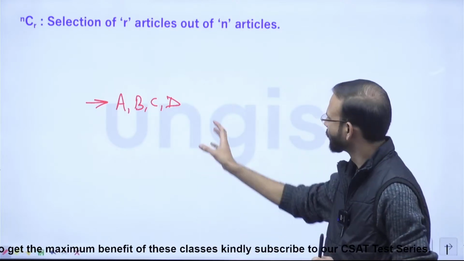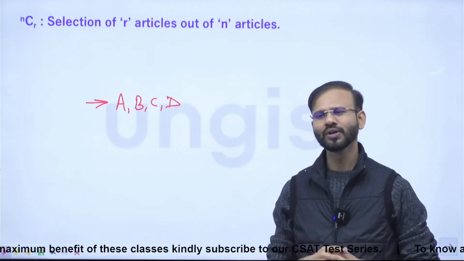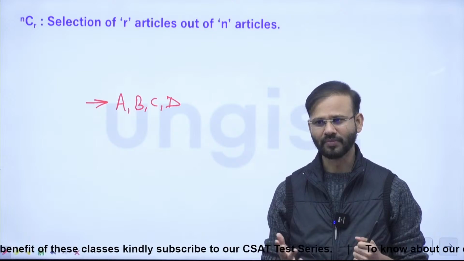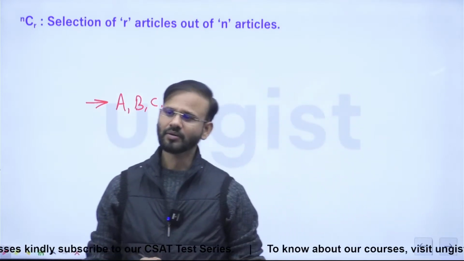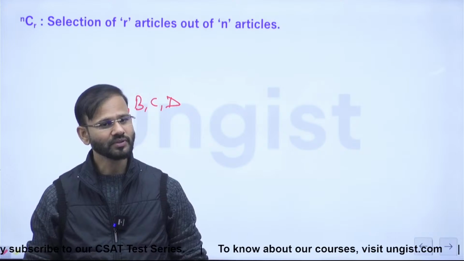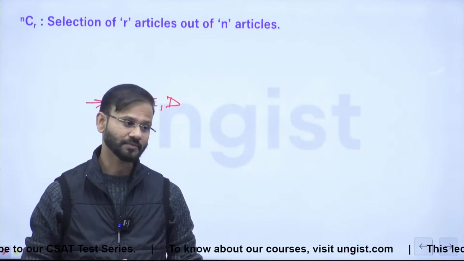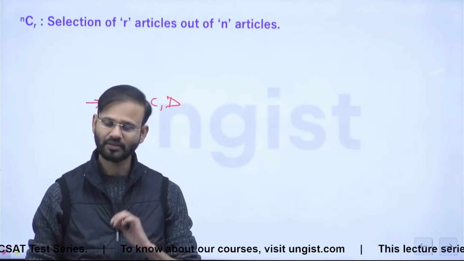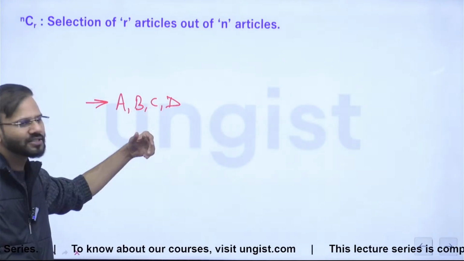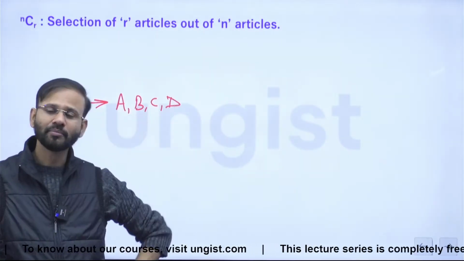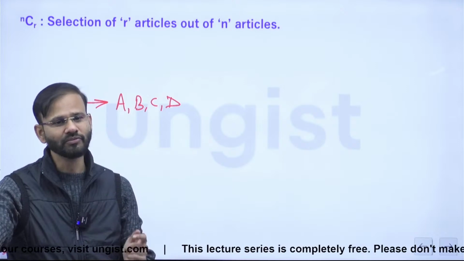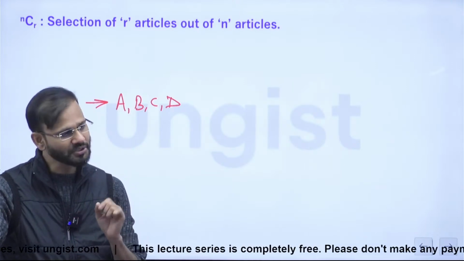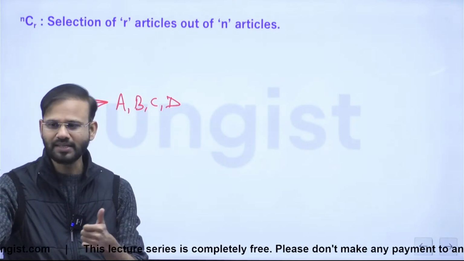You will hand over all the 4 alphabets to me, right? You won't have any other choice. Fine. So there is no confusion. But if I ask you, give me 2 alphabets. I repeat, when I ask you give me 4 alphabets, then ठीक है, आप दे देंगे सारे के सारे. But if I ask you give me 2 alphabets, then you will be confused. Which 2 alphabets is he asking for?